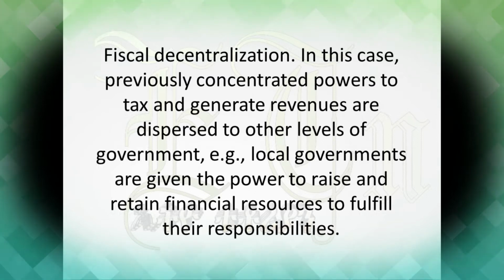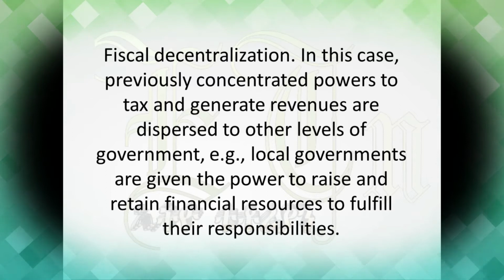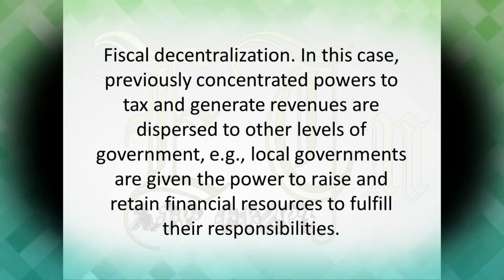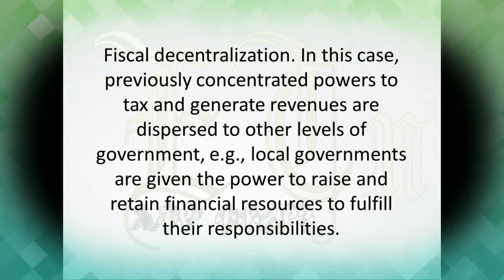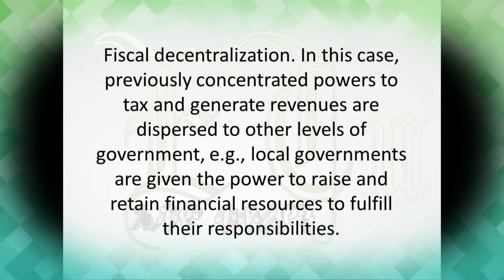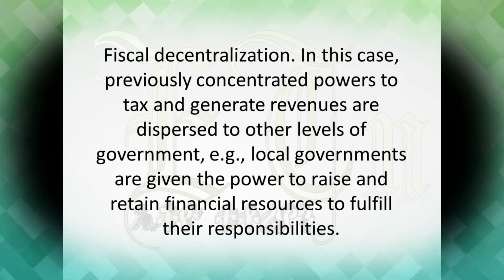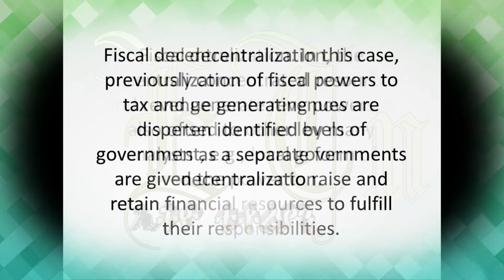Fiscal decentralization. In this case, previously concentrated powers to tax and generate revenues are dispersed to other levels of government. For example, local governments are given the power to raise and retain financial resources to fulfill their responsibilities.